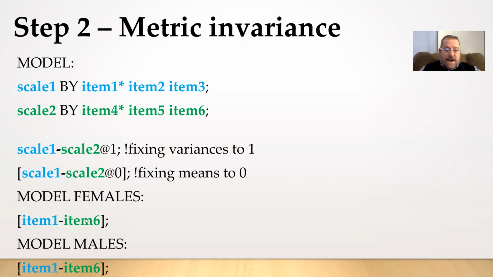And then we let the item means freely vary across males and females. And since there's a model females down here and a model males down here, that means whatever occurs up here in the top portion is forced to be fixed between those 2 groups.